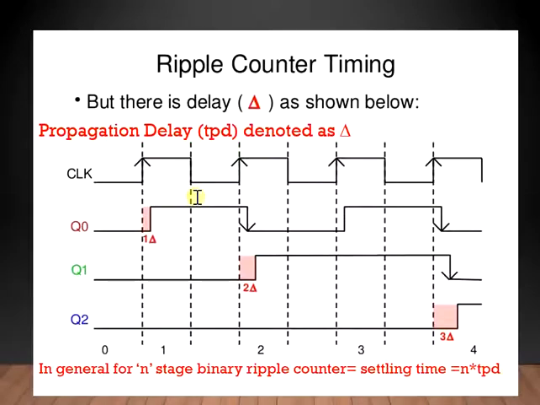For this particular example, wherein I have considered the timing diagram of a 3-bit binary ripple counter, if I want to compute the settling time or the propagation delay, it would be equal to 3 into TPD, where TPD is represented as delta in each of these cases.